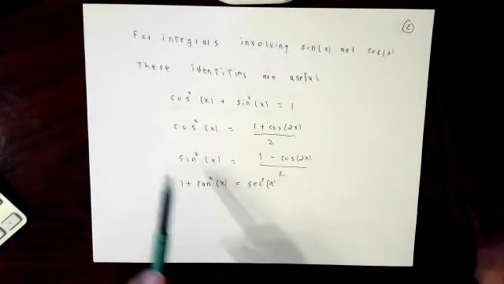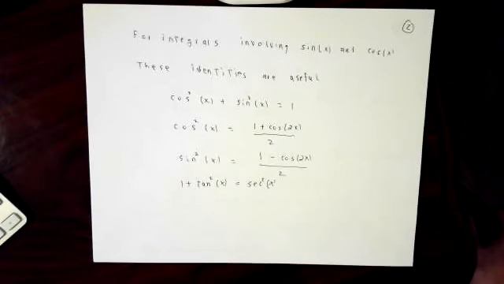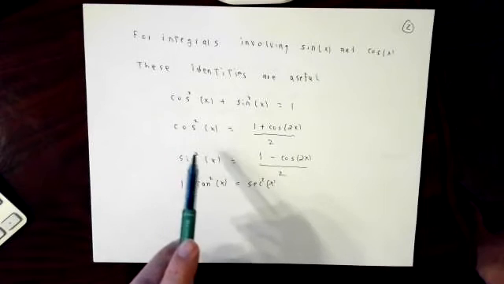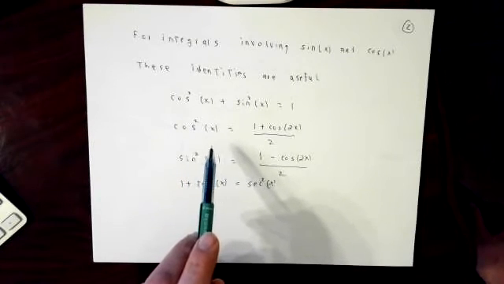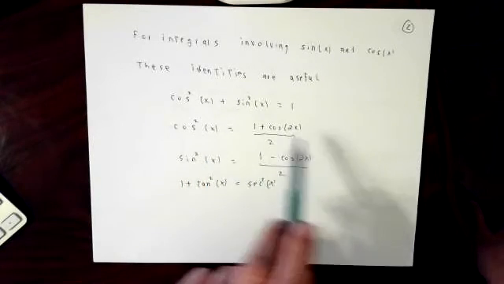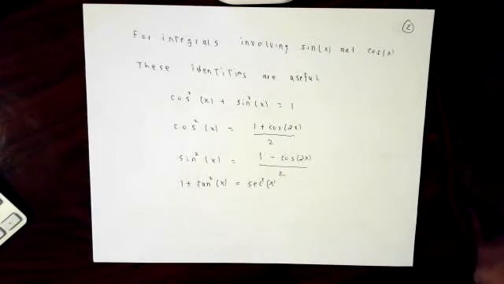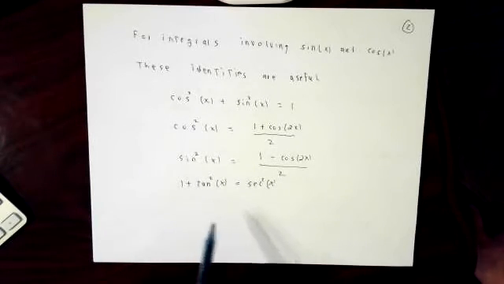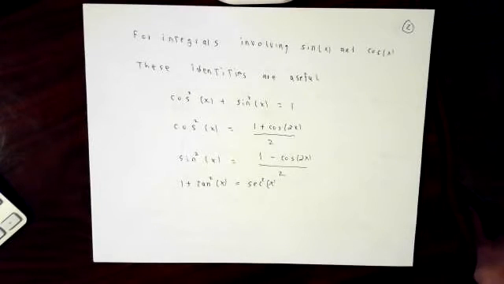In these two formulas in the middle, you want to understand that this says cosine squared of something is given by this formula where you evaluate the cosine at 2 times the something. The letter x is just a bookmark here. Also, 1 plus tangent squared of x equals secant squared of x will be useful for us.